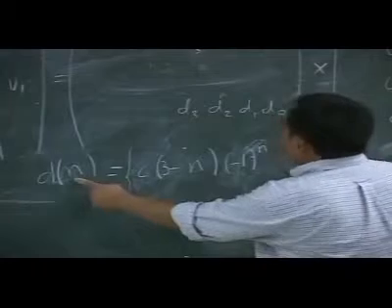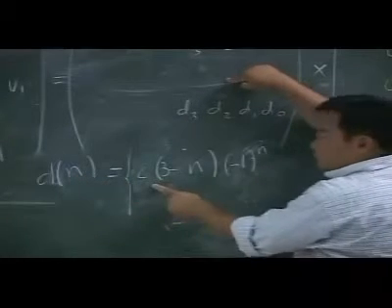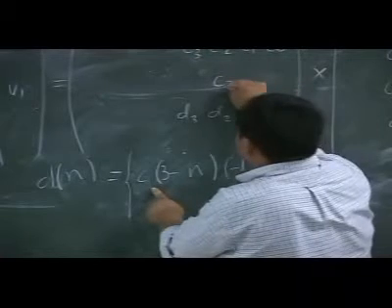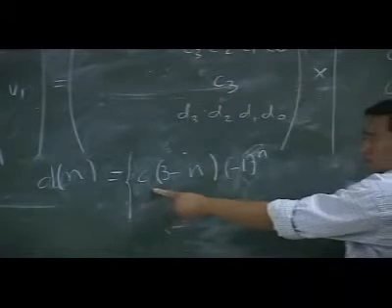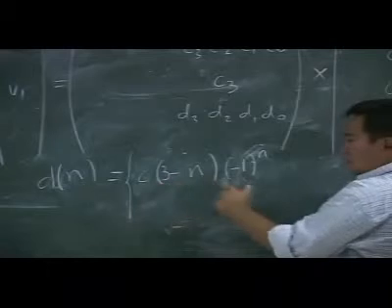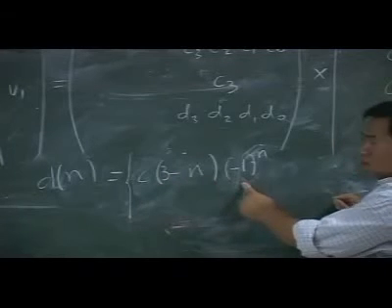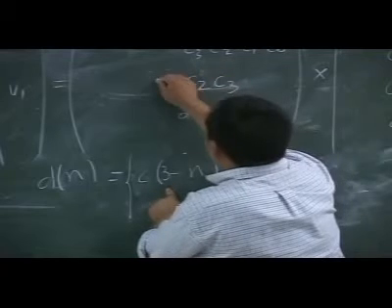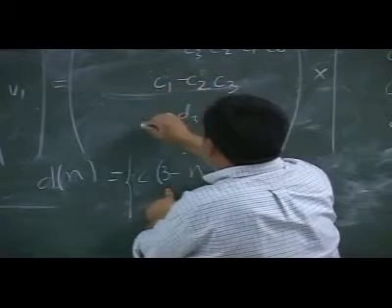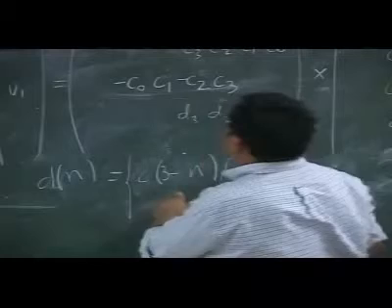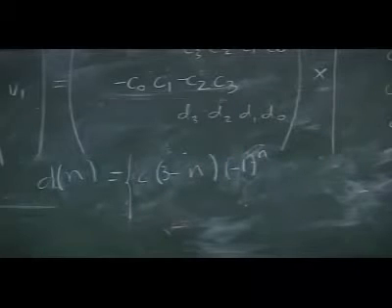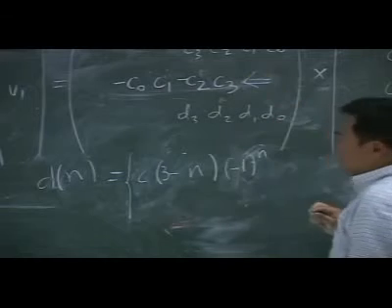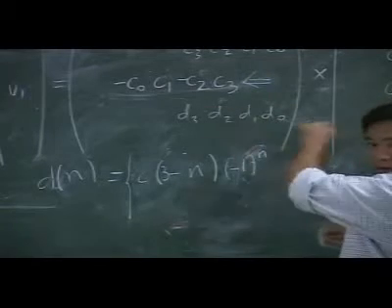So D0, which is right here, equal to C3. D1 equal to minus C2. And I give you C1, minus C0. Okay. This row here is basically the D vector, right?